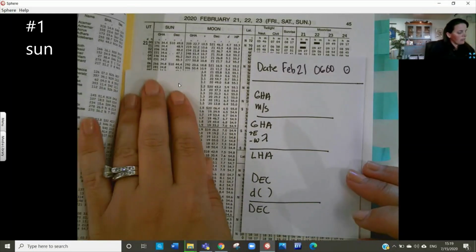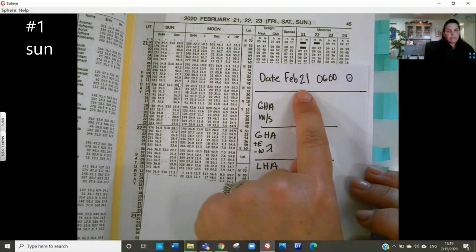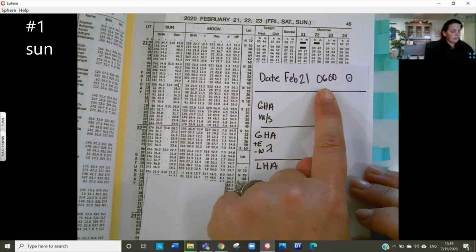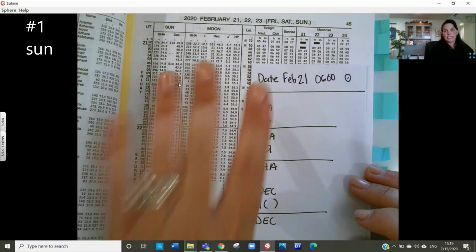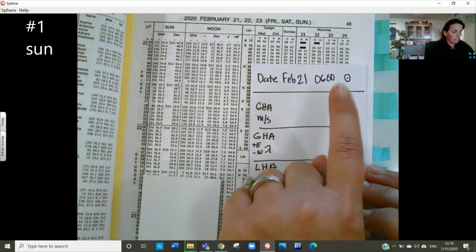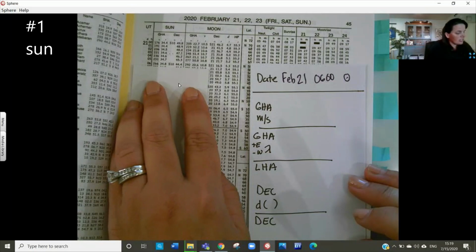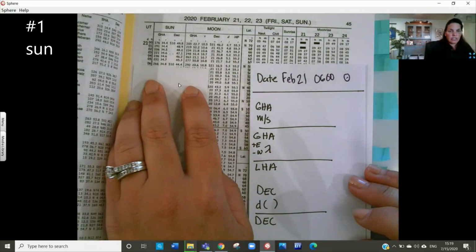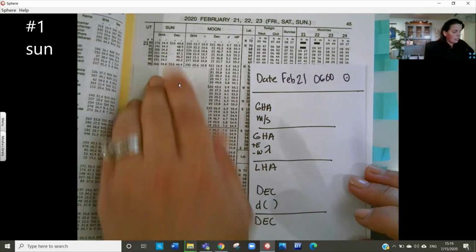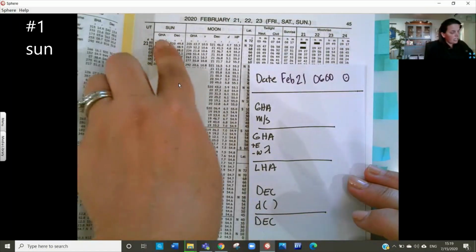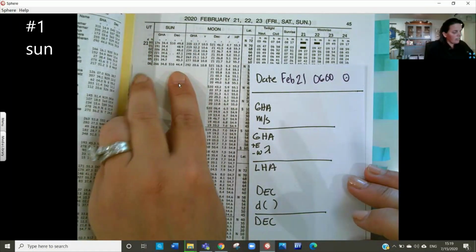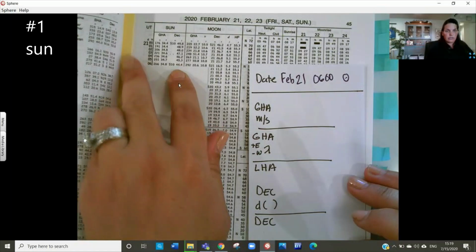So we want to find our date, and I know this is in GMT, so everything in this book is in GMT time. They told me that was GMT, so I don't have to convert it. So I'm going to go to 0600 for the sun. I have the sun GHA and declination for 0600 on February 21st.